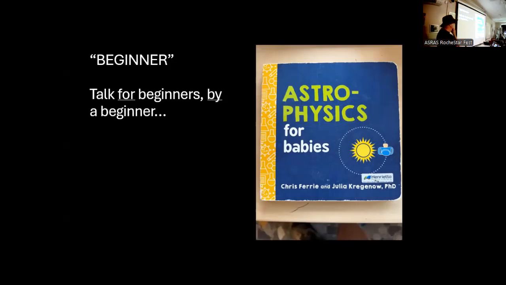The library's loaned it to me, but I don't want to read it until I can read it to my grandson. So I'm going to hold on to it until he's ready, and then I'm going to read it. But we're not really babies, so I'll concede that we're going to change it to Astrophysics for Beginners in this particular talk.